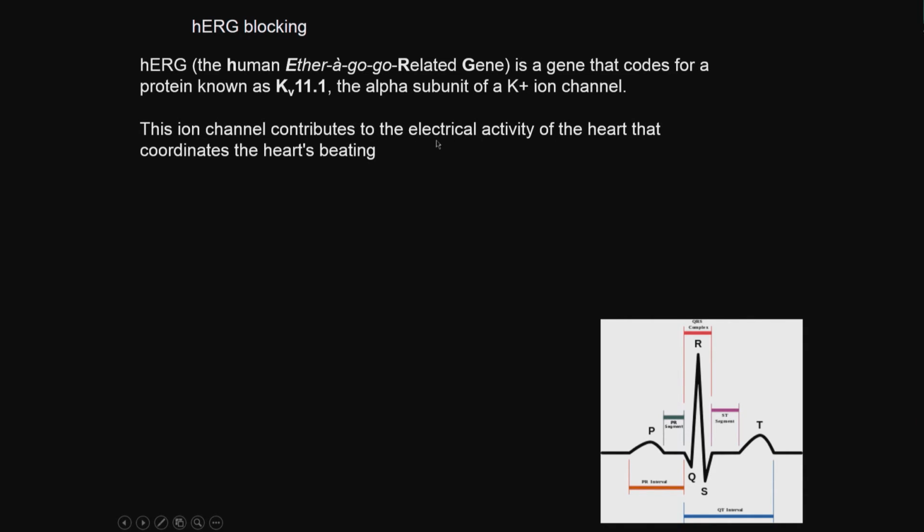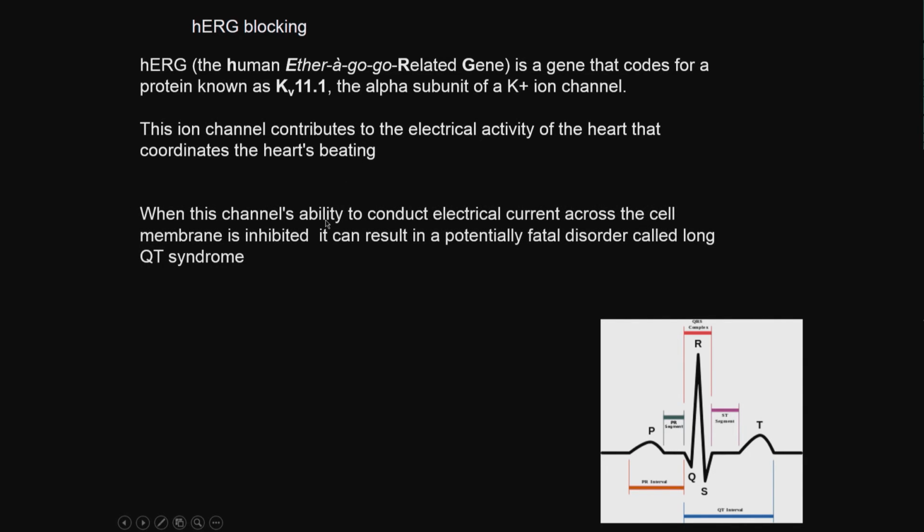This ion channel contributes to the electrical activity of the heart that coordinates the heart beating. So we have to look at this particular gene and see whether the drug is going to affect this, because if so it may affect the heart beating. When this channel's ability to conduct electrical current across the cell membrane is inhibited, it can result in a potentially fatal disorder called long QT syndrome.